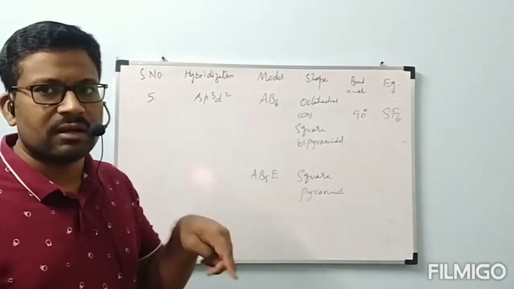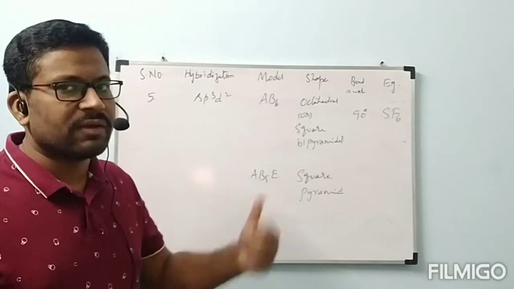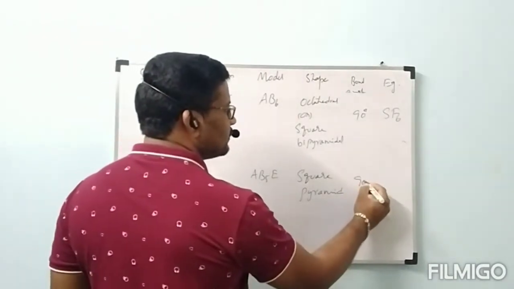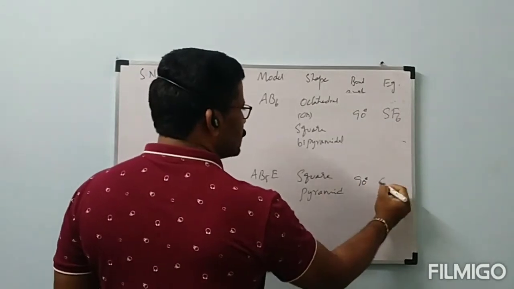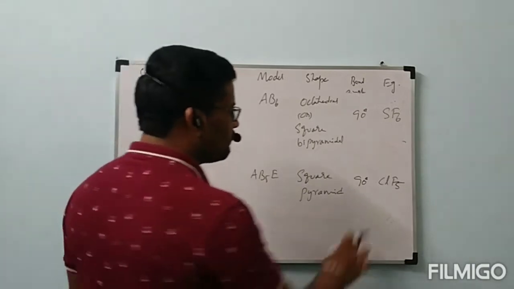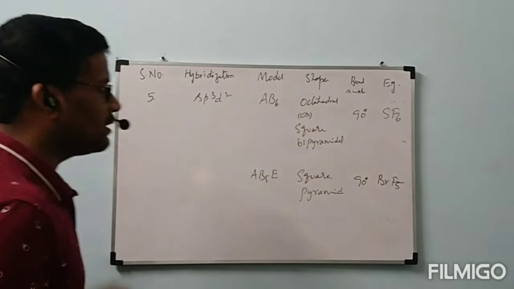That is square pyramidal. Previously, one pyramid above and one pyramid below, that is square bipyramidal, which is also called octahedral. Bond angle 90 degrees. Example ClF5 or otherwise BrF5. If you want, check that one, BrF5.